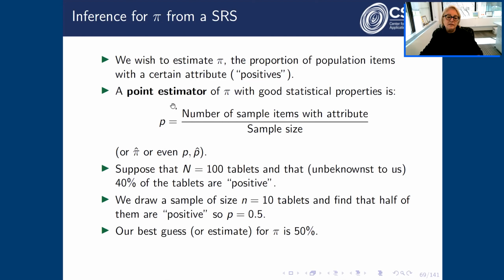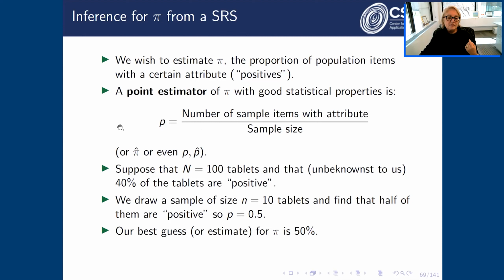Well, pretty intuitively. So I have a sample of size little n that I picked in some way, a simple random sample in this case. I can get a point estimator, so a good guess for pi simply by computing the statistic p, and p is just the number of the items in the sample that exhibit the attribute divided by the number of items in my sample.